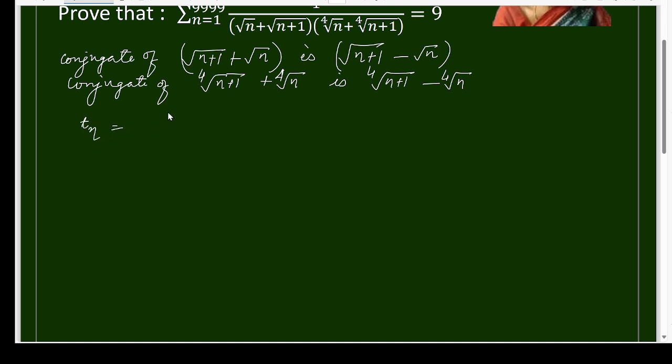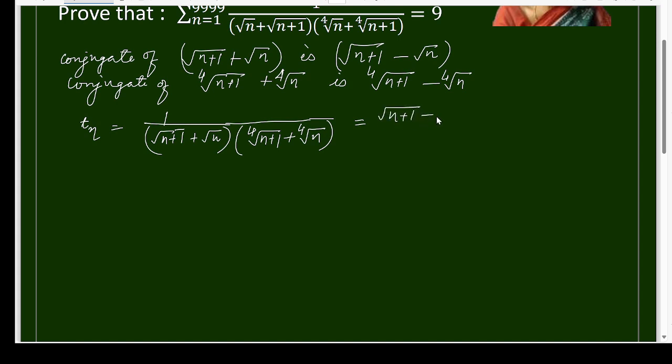Here the nth term is given as 1 over square root of n plus 1 plus square root of n, and fourth root of n plus 1 plus fourth root of n. Please note that I'm rearranging as the bigger first. So I'll multiply with the conjugates, and two conjugates will be multiplied in both the numerator and denominator.